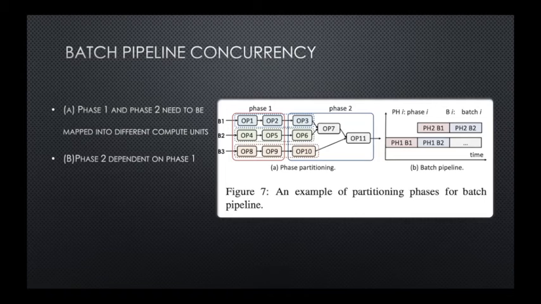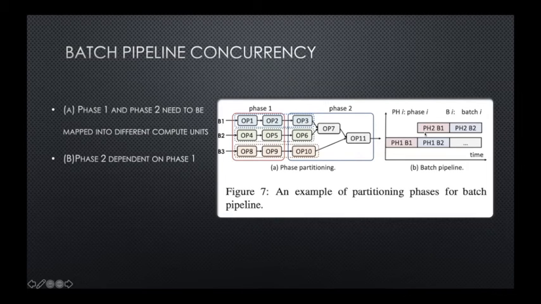Now let's see the batch pipeline concurrency. In A, you can see the branch is partitioned into 2 phases. The operators in phase 1 and phase 2 need to be mapped onto different compute units, so these 2 phases can co-run in a pipeline. And B shows the execution flow in the pipeline.